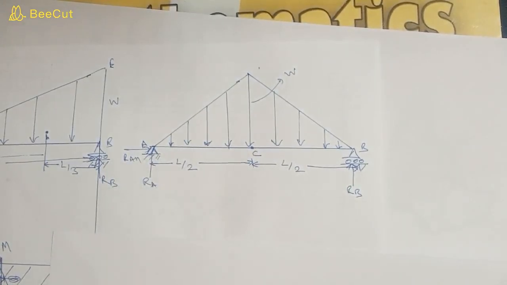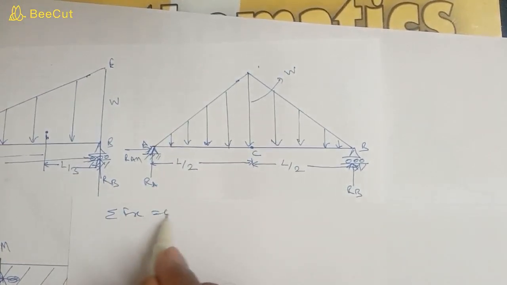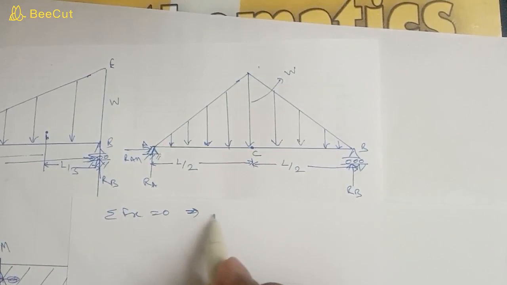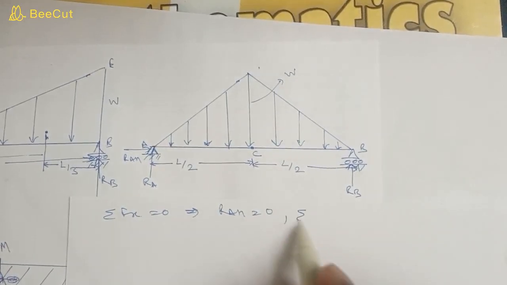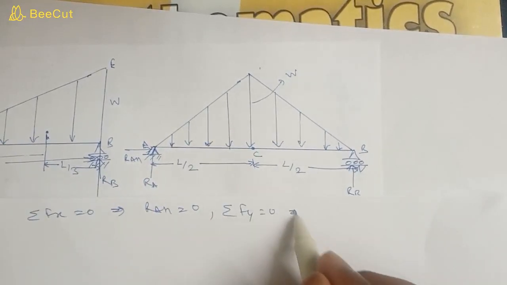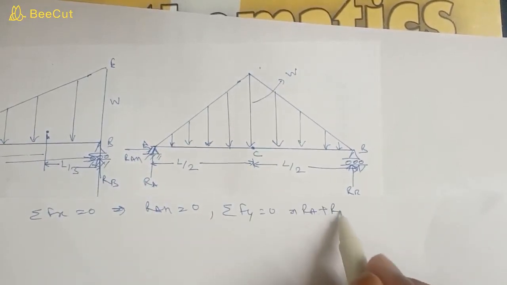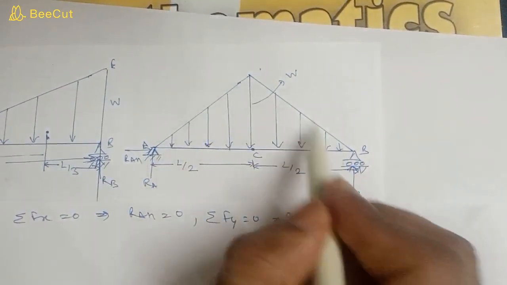So we will do the same thing. Summation Fx is equal to 0. Sum of all the horizontal forces is 0. So RAH will be 0. And sum of all forces in the y direction, or vertical forces, is 0. So we can get RA plus RB is equal to the load.